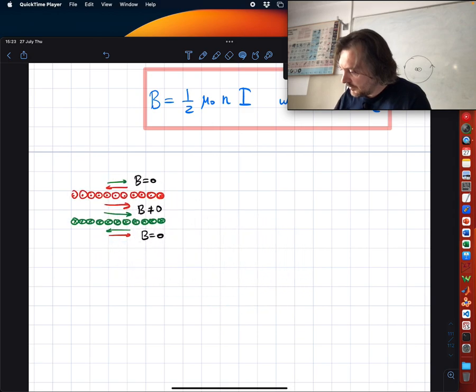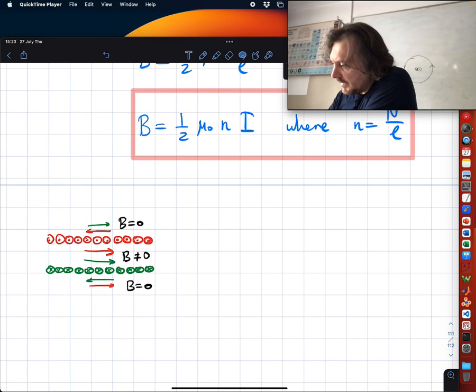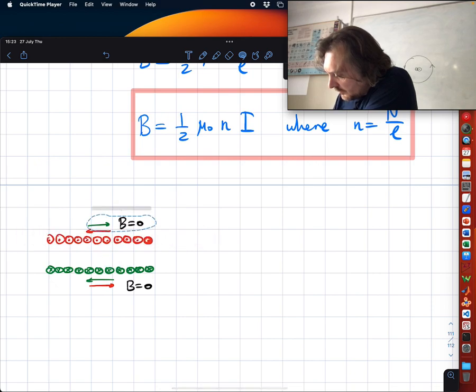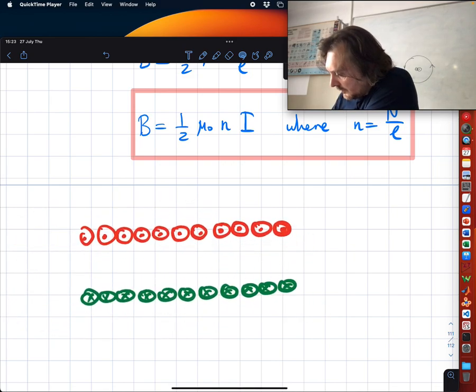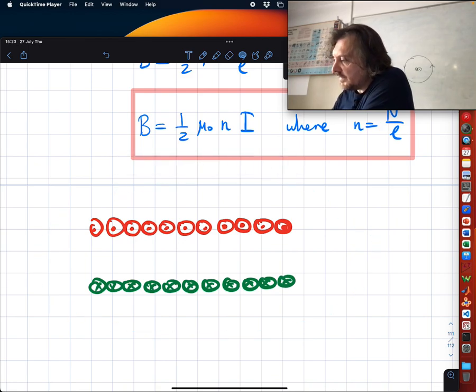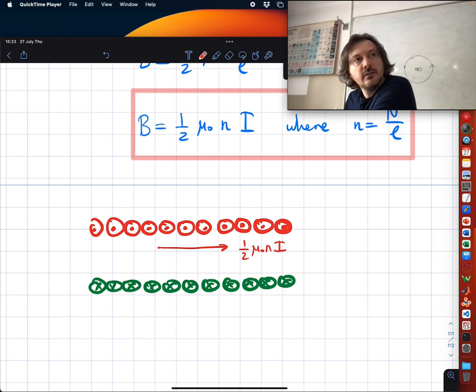Paste it here. So what this formula that we have discovered is telling us is that, let me just erase everything here and make this bigger. So it is telling me that this one will create a magnetic field in this direction, which will be 1/2 mu 0 Ni.